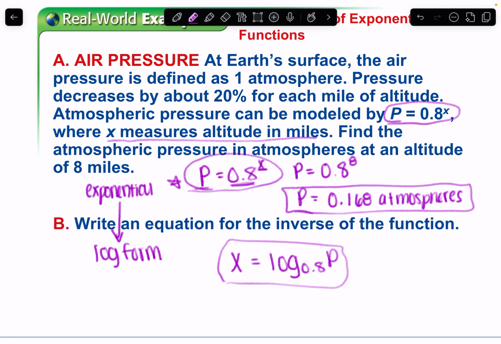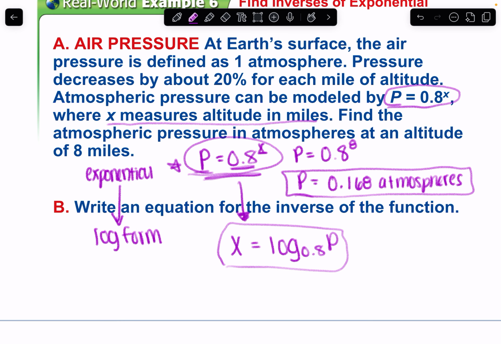So your answer to part B would look like this. All I did was change this equation from exponential form to log form. And that's all part B is asking you to do. So when it says inverse, it's referring to if it's in exponential, change it to log. If it happened to be in log form, you would just change it to exponential form.